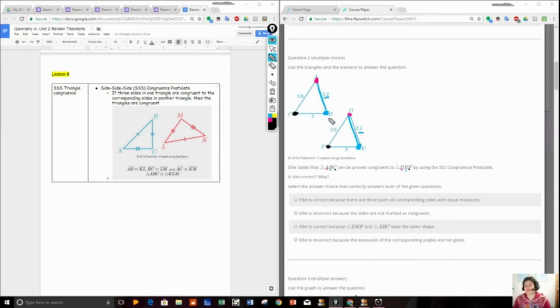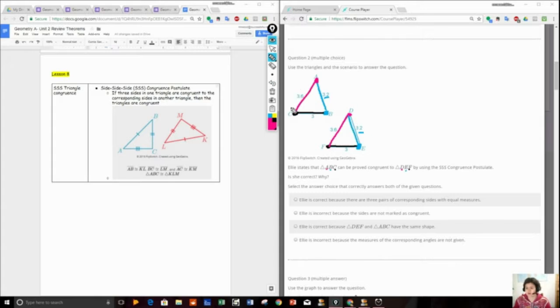All right, so the corresponding side for B to C would be between its corresponding vertexes. So B's corresponding vertex is E, C's corresponding vertex is F. So between EF, we have a measure of 3. They're both 3. So then our last corresponding side is from A to C and D to F, and they're both 3.6.